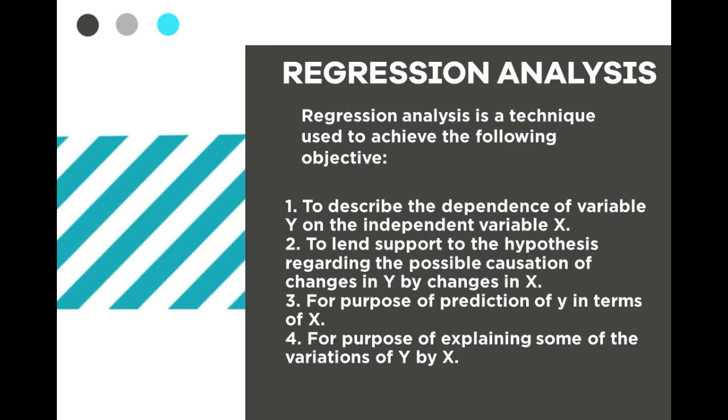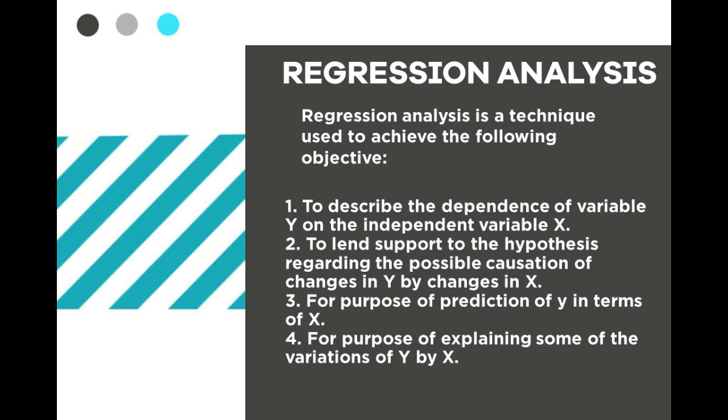Okay, so we have regression analysis. For regression analysis, you can study the computation, but our regression analysis is used as a technique to achieve these objectives. Number 1, to describe the dependence of variable y on the independent variable x.